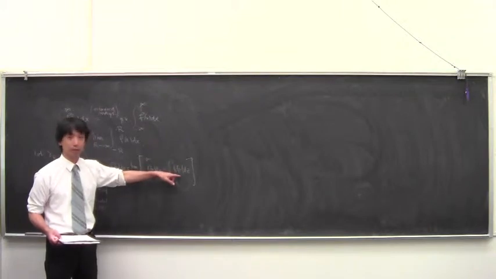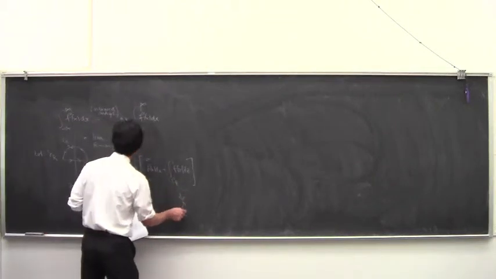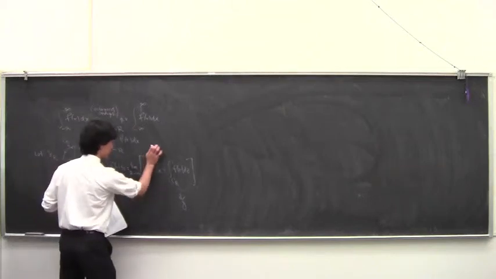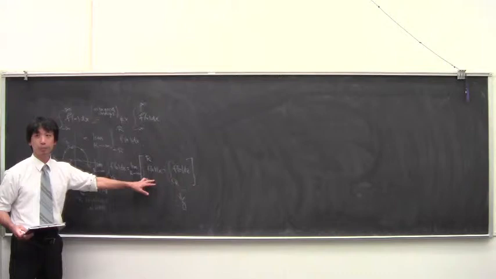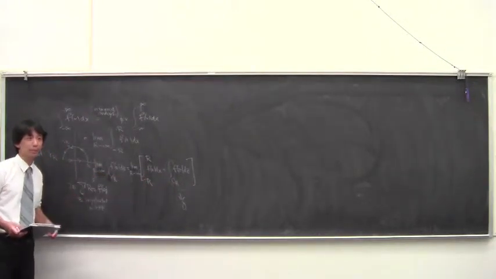But typically, you're hoping that this integral goes to 0 as R goes to infinity, and once you have that, the principal value integral you're hoping for turns out to be this thing. So that's the strategy.